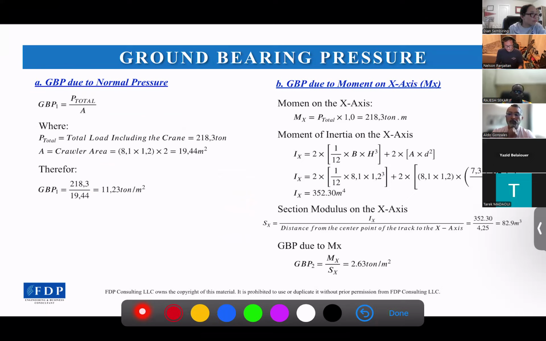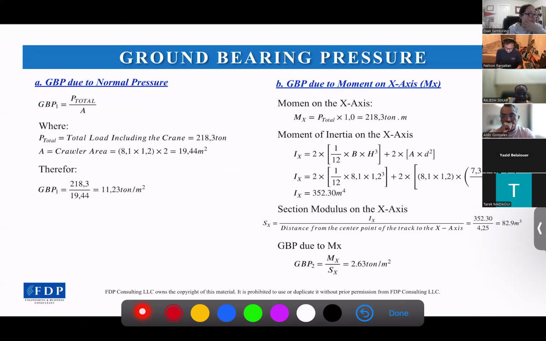So no problem with that, but you need to make some modification to the calculation here, just to suit it. So it will be the same result.